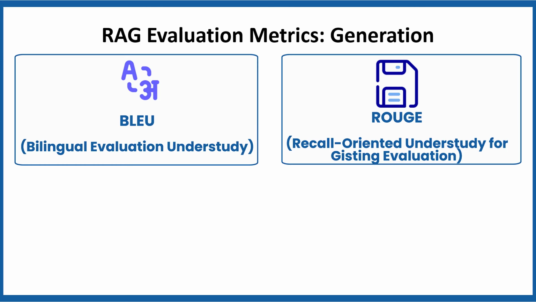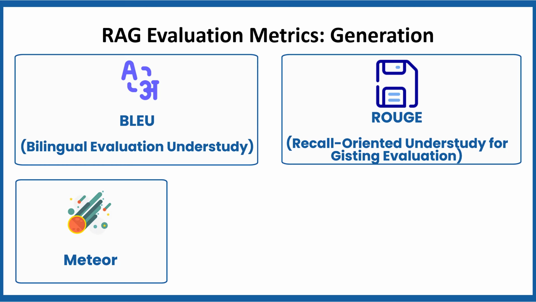Unlike BLEU, ROUGE cares more about coverage of the key phrases rather than exact word accuracy. It is widely used for summarization because it rewards capturing the main ideas even with different wording. For example, if your summary includes all the important points of the article, ROUGE score is high.